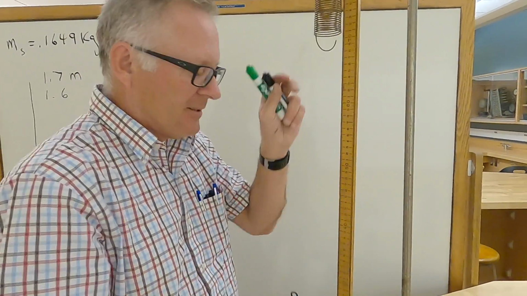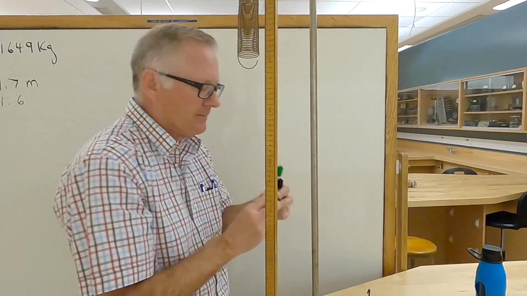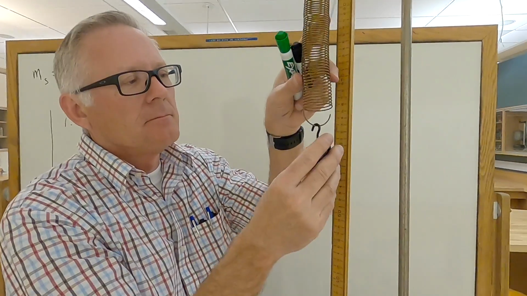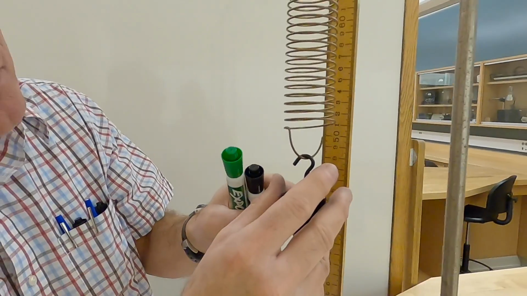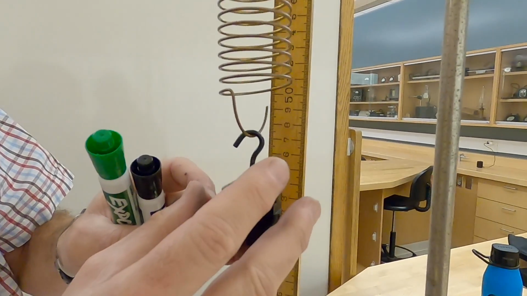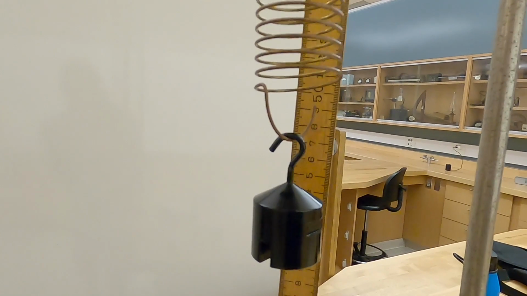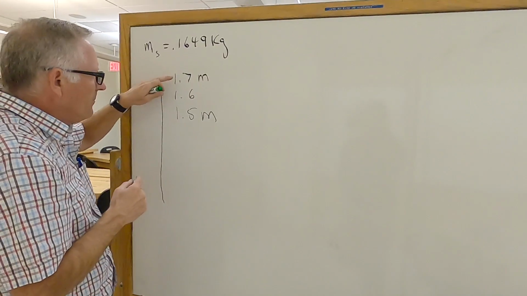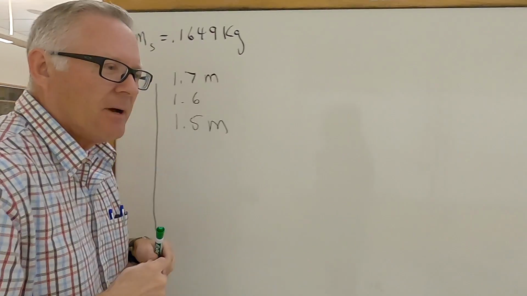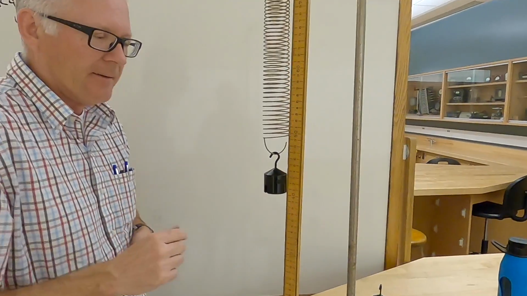Okay, we put the next mass on, 0.2. Well, that distance is 1.5 meters. So my S2 would be from here to here. That's my S2 right there.